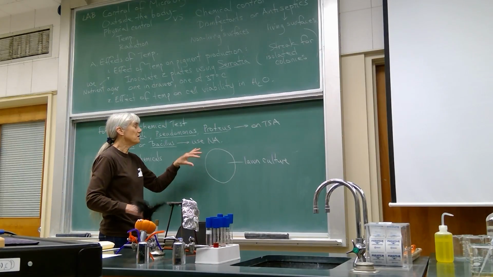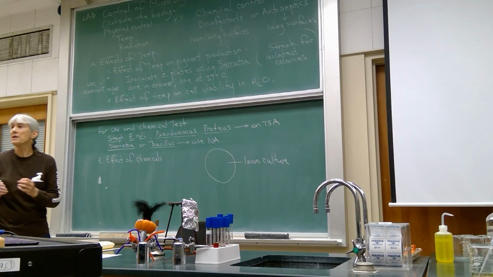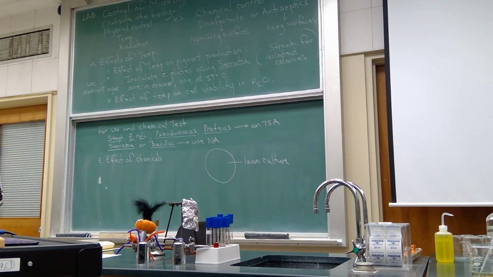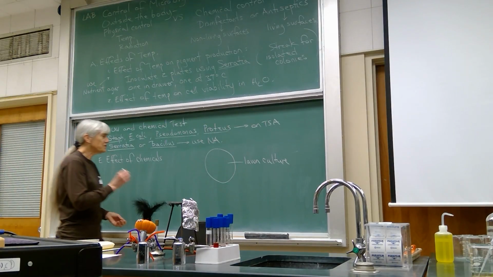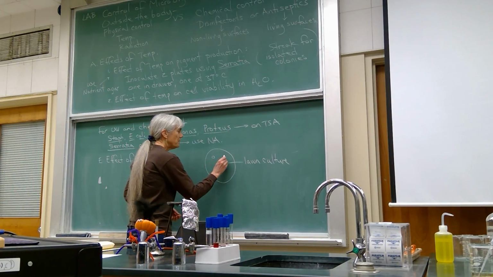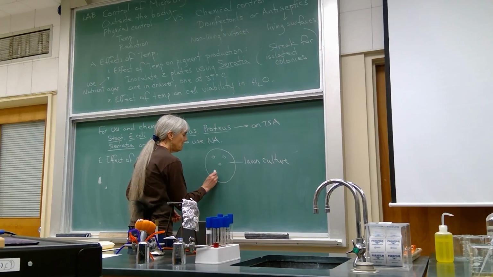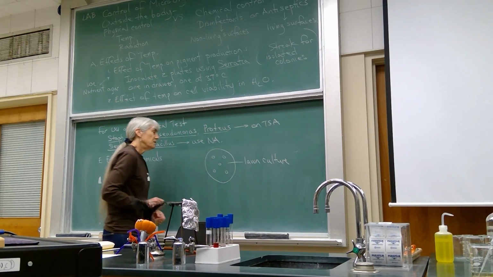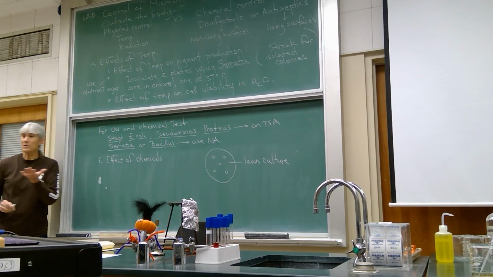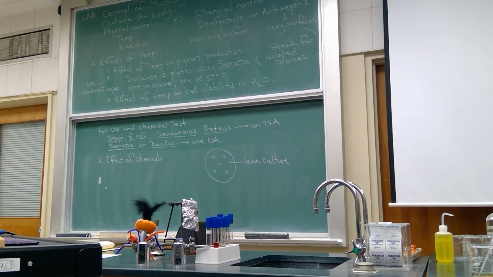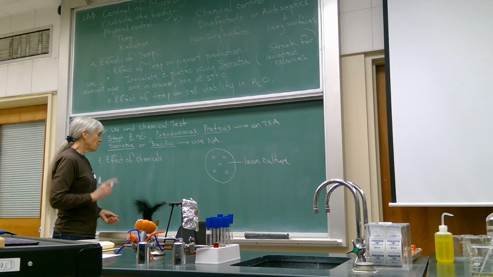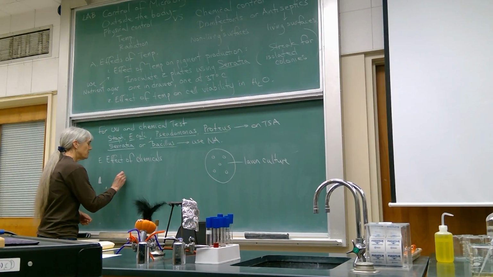You're going to make your lawn culture, and then we're going to put the chemicals on filter paper discs. So draw yourself a map that shows where you're going to place these discs on the plate. You can label the bottom of the plate so that you know which chemical goes where. But we're going to put the chemicals on filter paper.